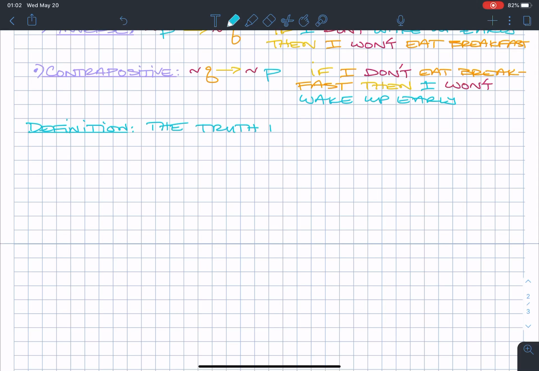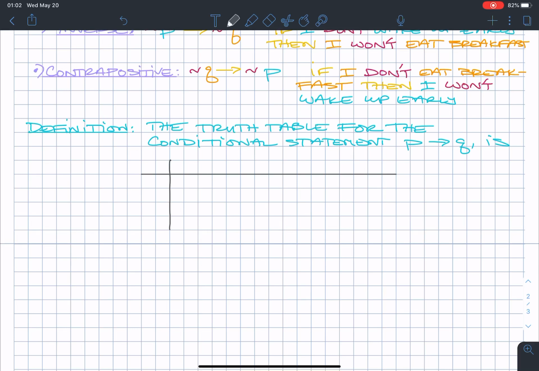Truth table for the conditional statement, P right arrow Q, is, so let's just go ahead and state it.